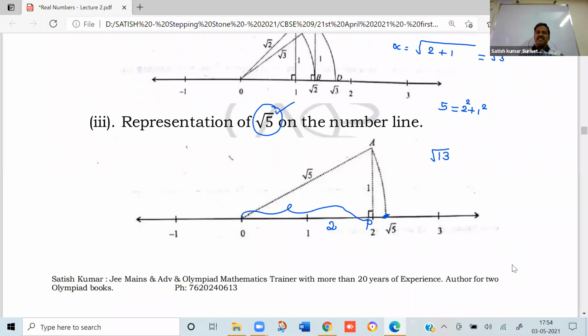If you are able to get 13 as a sum of two perfect squares, then it is easy to construct the figure. Think, all of you, and tell me. Sum of two perfect squares, what way can I take?